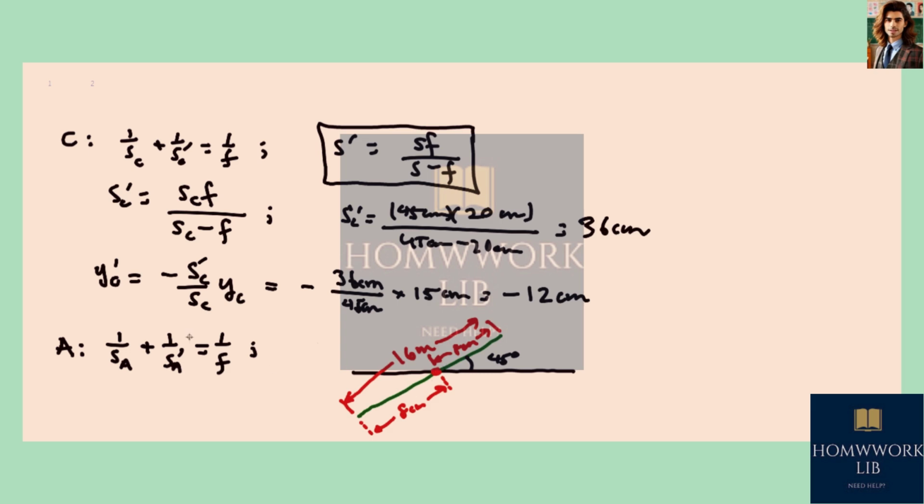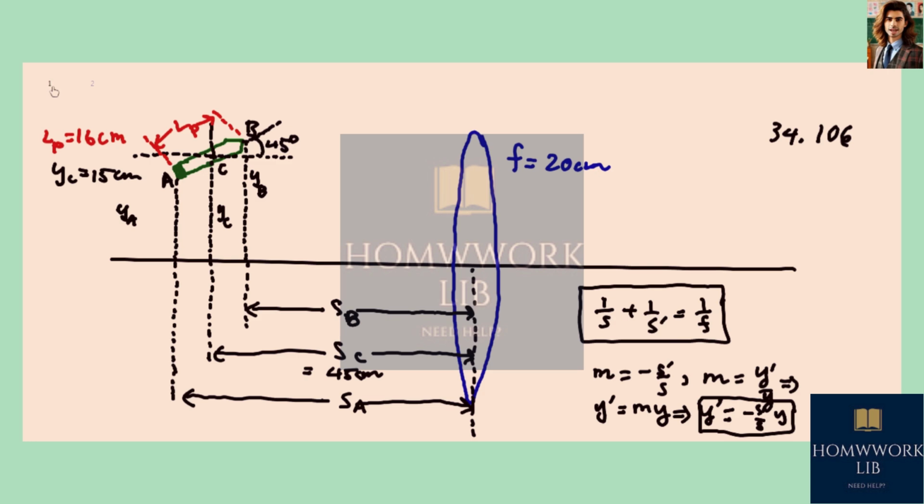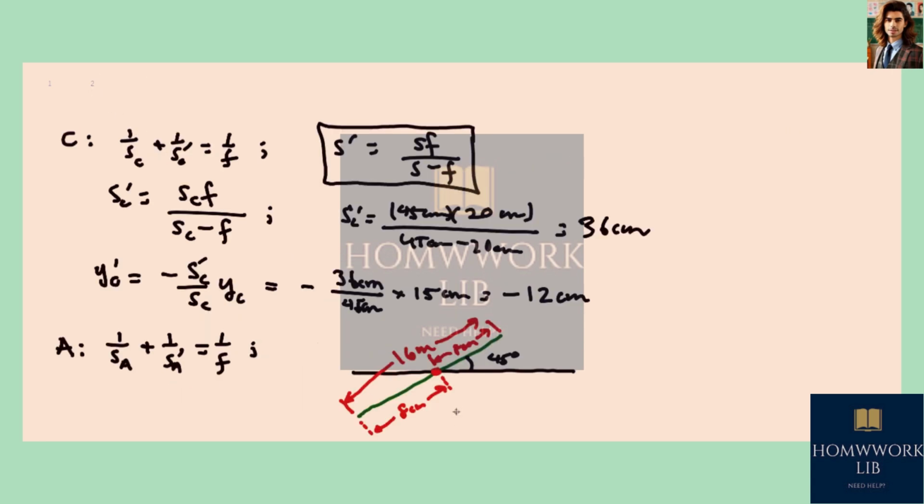So basically, if I look at my figure now, I want to find SA. Well, SA is SC plus this extra bit from here to here. But what is that extra bit? That extra bit is just from here to here, right?